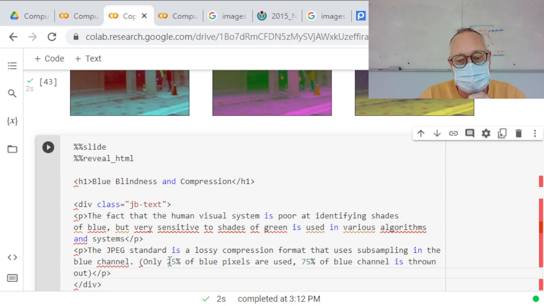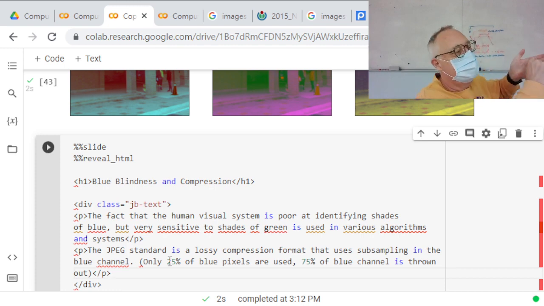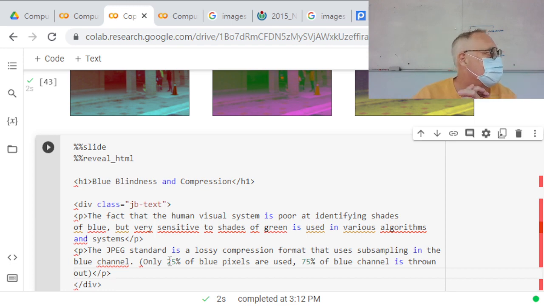When processing the blue color channel, the JPEG standard actually uses 2x2 subsampling, which means out of every 4 pixels, it only remembers one of them. Like the 4 pixels in a group, it only remembers one of them. So that's pretty good.